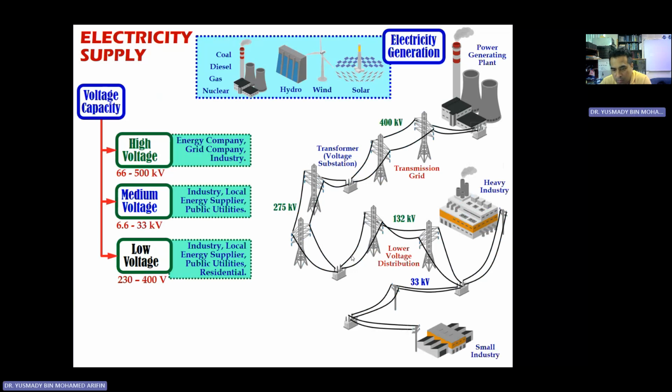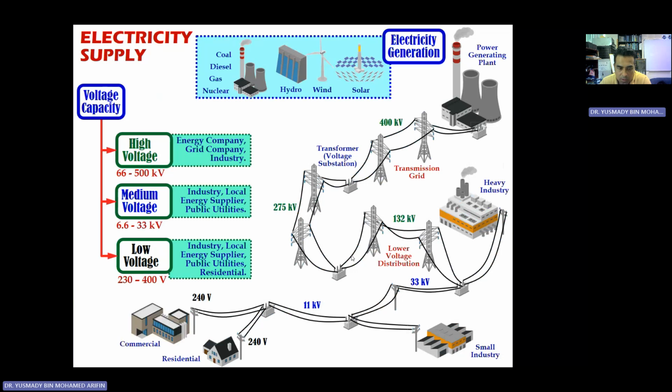In order to make sure that electricity can be used for the small industry, we will have another transformer to reduce the voltage from 132 to 33 kilovolt. Before it arrives at the residential, it is reduced from 33 kilovolt to 11 kilovolt, and before the electricity is used by the residential and also by the commercial buildings, we will have another transformer to reduce from 11 kilovolt to 240 volt.